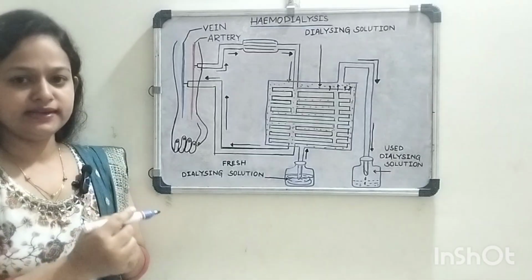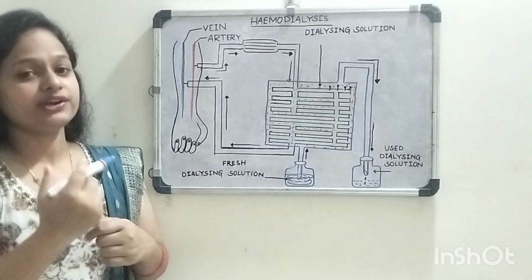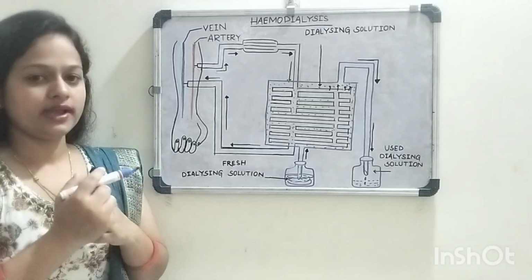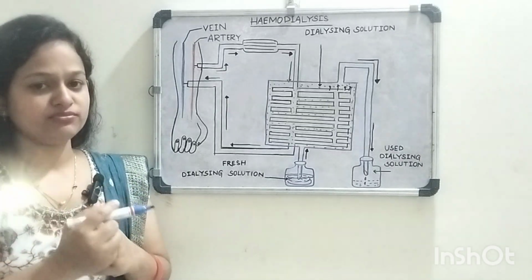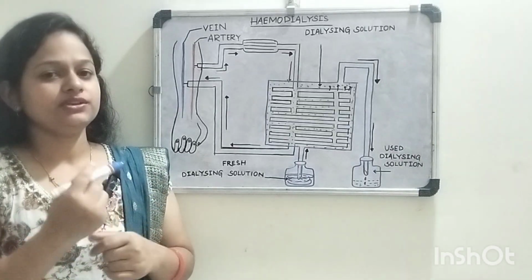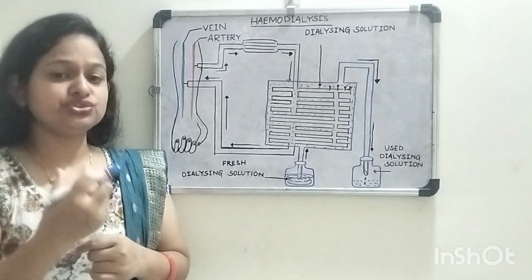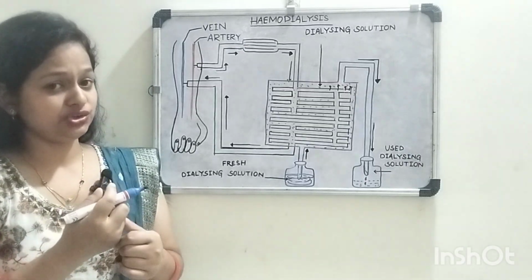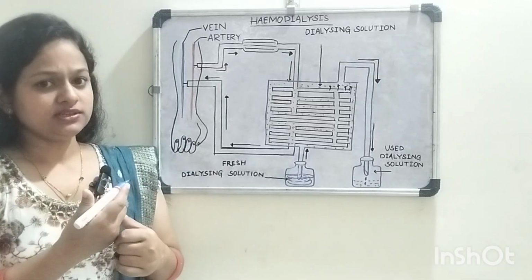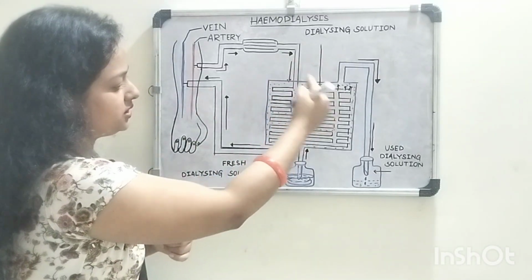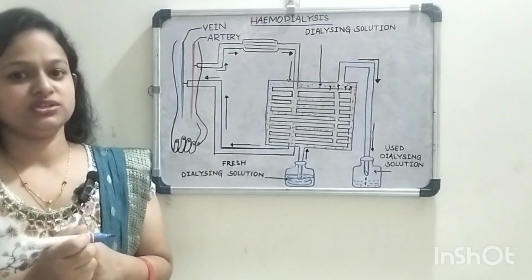These tubes are surrounded by a semi-permeable cellophane membrane, and the function of this membrane is to selectively pass the nitrogenous waste products like ammonia, urea and uric acid from the blood to the dialyzing solution.